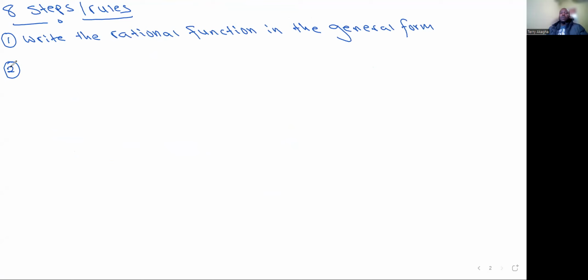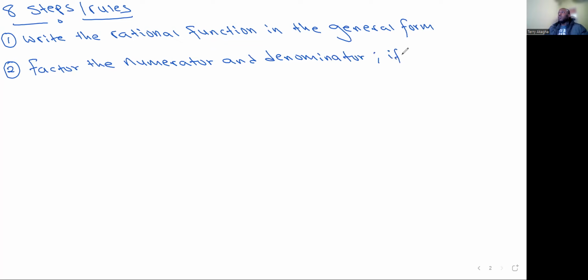And if there is a hole in the rational function, you have to take note of that coordinate, and also you have to plot that hole when you're sketching the graph, okay? So basically what I said is that you have to factor the numerator and denominator, and if possible, check for common factors.